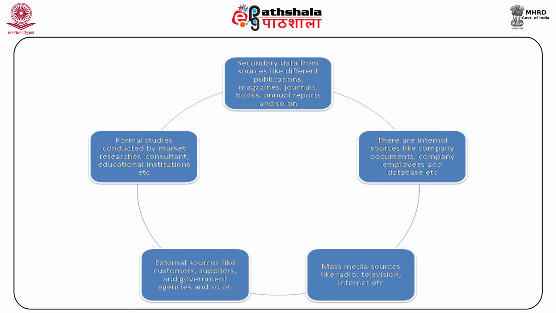Second, internal sources like company documents, company employees and databases. Third, mass media sources like radio, television, internet etc. Fourth, external sources like customers, suppliers and government agencies and so on. Fifth, formal studies conducted by market researchers, consultants, educational institutions etc.